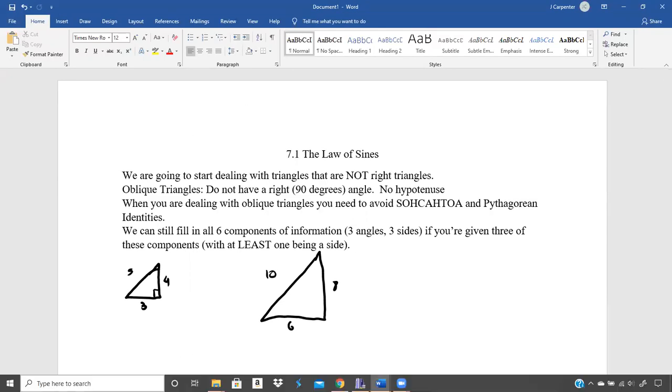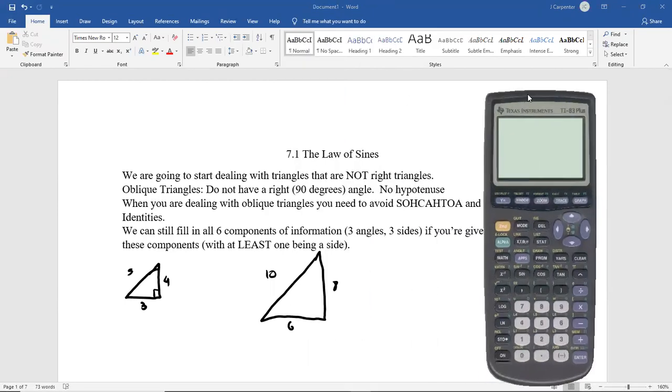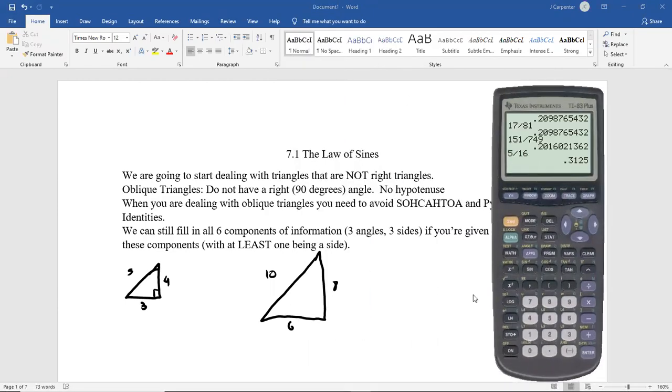Now, I'm going to do some stuff. I have the calculator pulled up, so I'm going to get to a 10th or 100th of a degree what these angles would actually be.